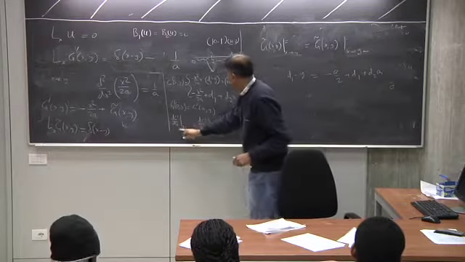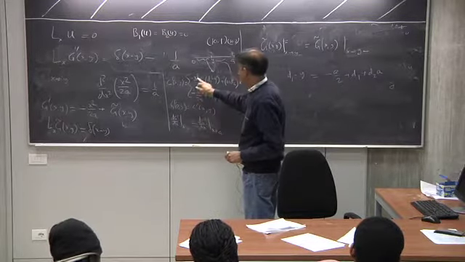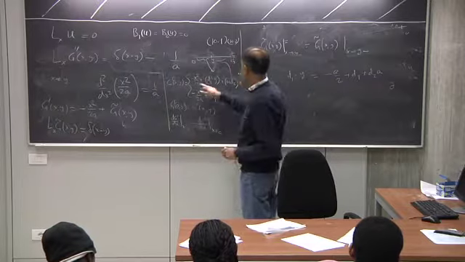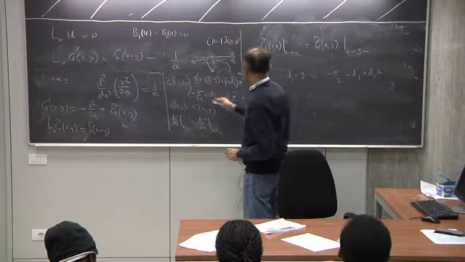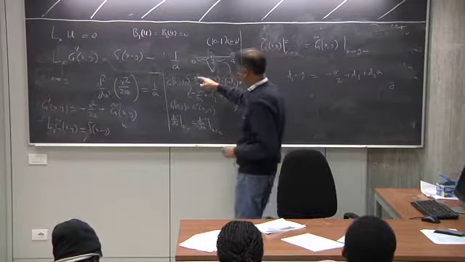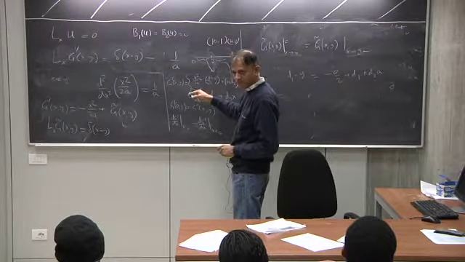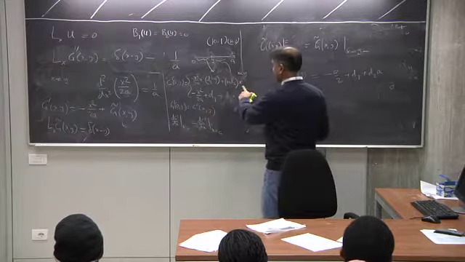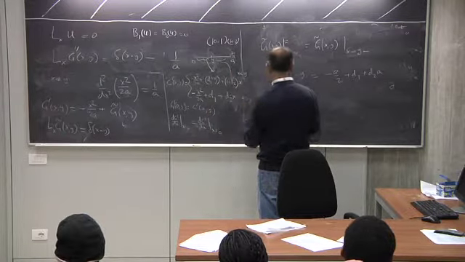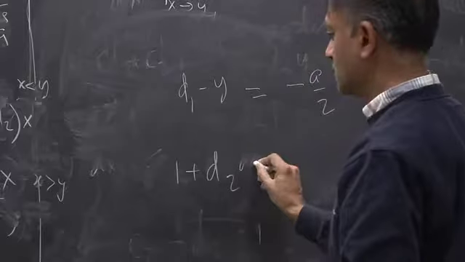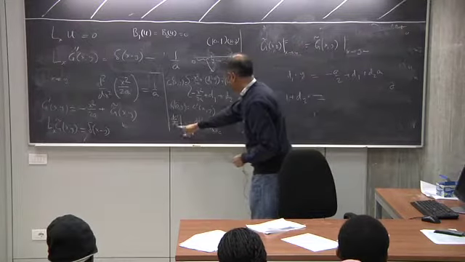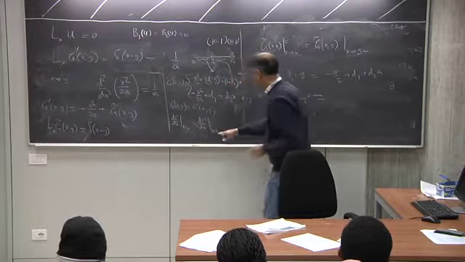Then for the derivative dG prime over dx at x equal to 0, I must use this. You get minus 2x over 2a, but x equal to 0, so that drops out. There is no such term there. The derivative hitting here gives you 1 plus d2, equal to this derivative now at x equal to a.